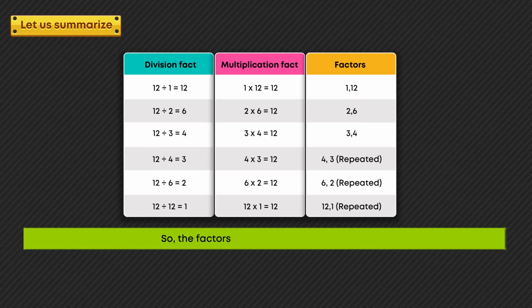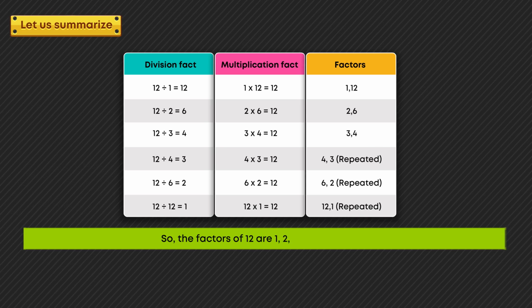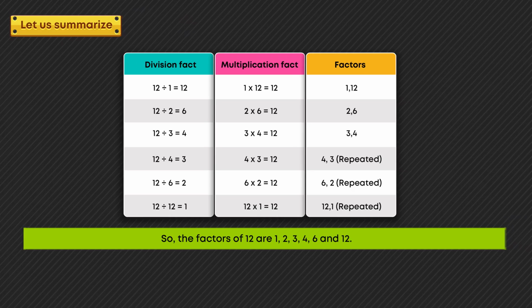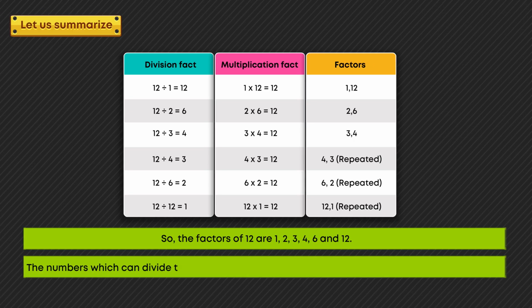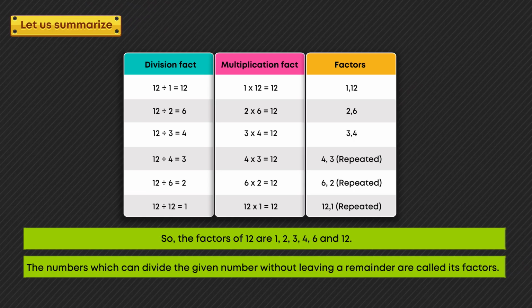So, the factors of 12 are 1, 2, 3, 4, 6, and 12. The numbers which can divide the given number without leaving a remainder are called its factors.